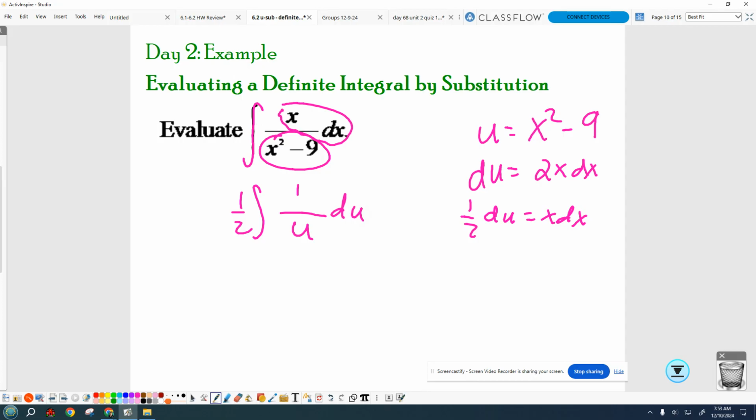And Roman, what's the integral of 1/u? Absolute value bars. And then translating back, that's 1/2 ln of absolute value of x squared minus 9, plus c. Okay?